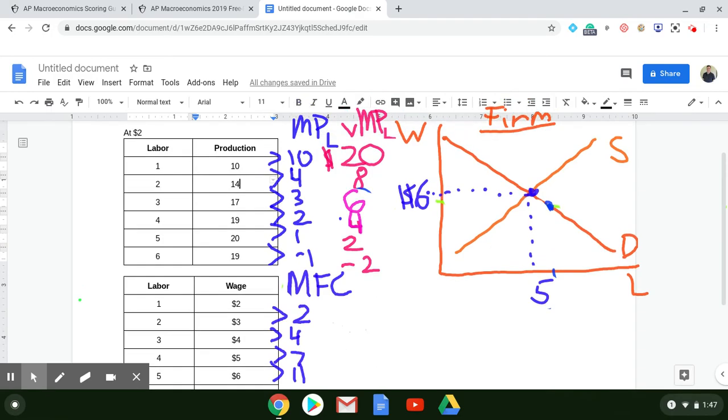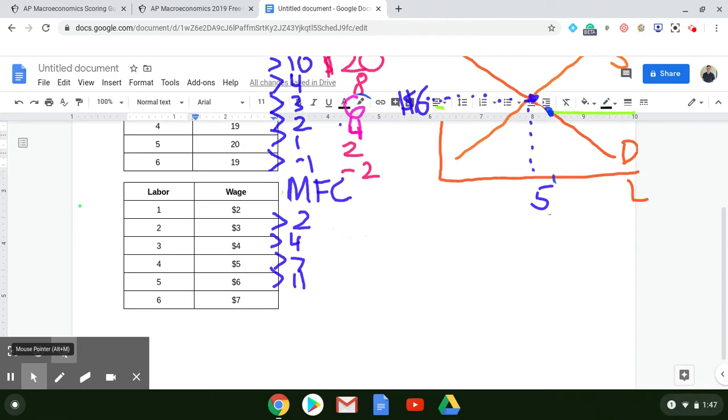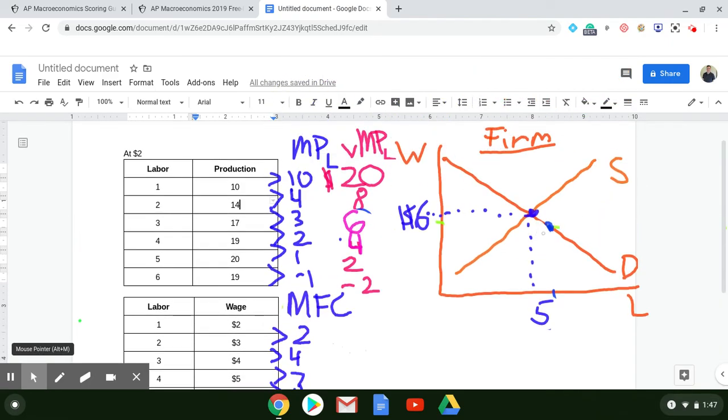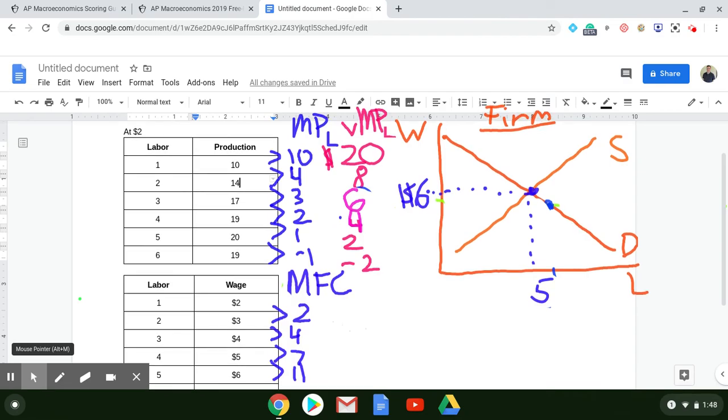So what happens is, rather than having this nice little linear line right here that's just going up at a convenient pace, we're going to end up with a line that's increasing rapidly.